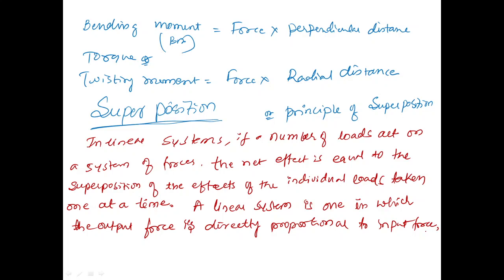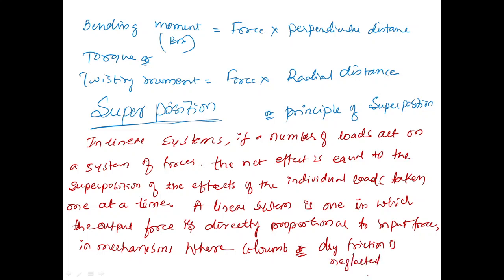That is up to what stage? In mechanisms, we need to neglect friction here, where Coulomb or dry friction is neglected. So what is the superposition here? Superposition is the analysis of the forces. The net effect is equal to the superposition of the effects of the individual loads taken one at a time.